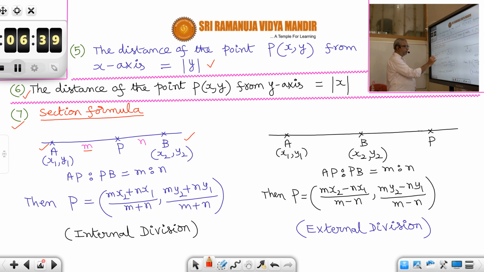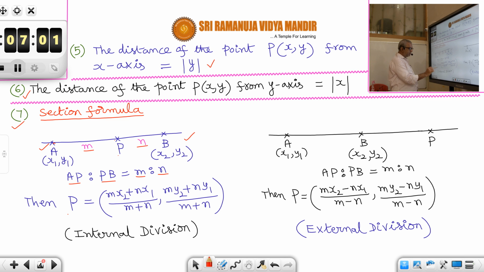You can see I have marked m is to n. P is a point on the line which divides the line segment AB in the ratio m is to n. I have written the ratio here. AP is to PB is m is to n. The ratio is given. Now our aim is to find the point P.